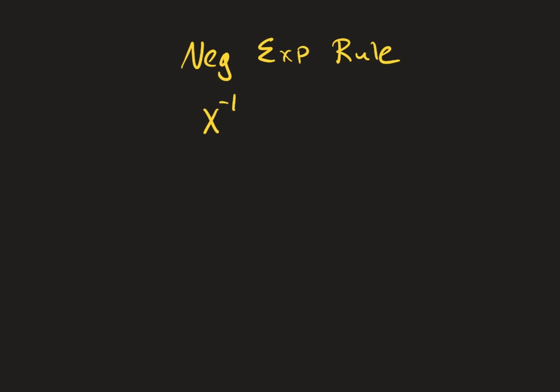So what the negative exponent rule says is that if you have a negative exponent, the way we can take care of that is by writing it as 1 over x to whatever power that is. So if it's in the numerator, the number on top, you move it to the denominator. We'll talk later about if it's in the denominator, what we do to it. But today, everything's just going to be inside of a numerator.